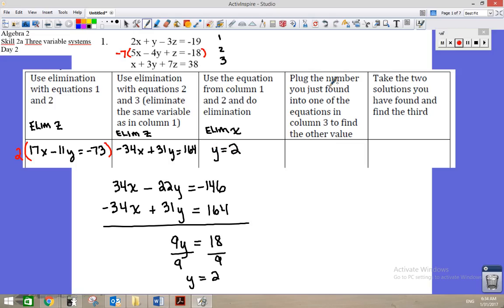Then it says plug the number you just found into one of the equations in column 3. Let's just pick this top equation right here. We have found y to be 2.